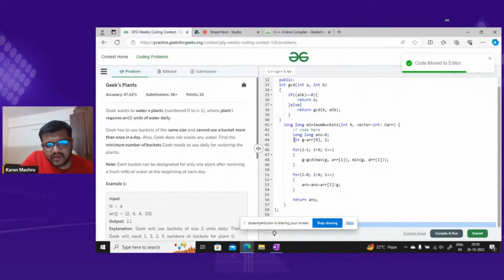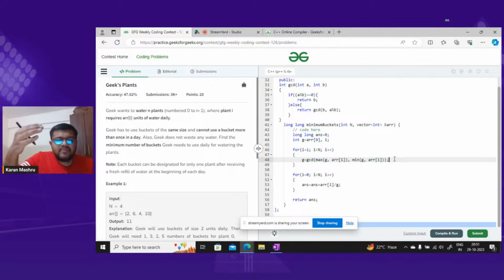Okay, so what I have done, I want to compute the GCD in the variable G. So I have set G equals array of 0, and then I have traversed from i equals 1 to n minus 1, with G equals GCD of the current GCD and array of i.